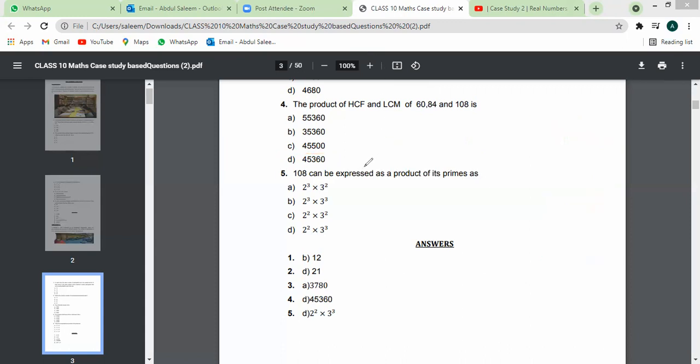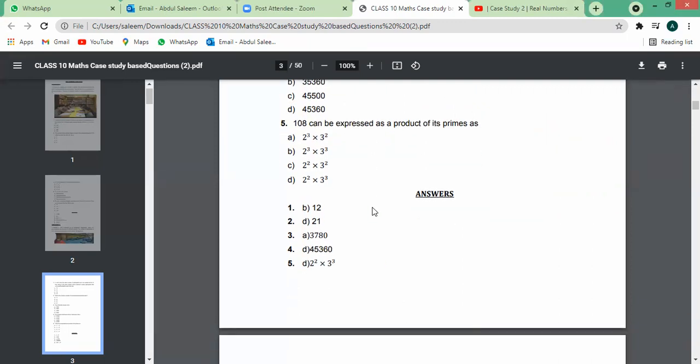And the fifth question is, 108 can be expressed as the product of its prime factors. We can divide 108 by 2 since it is an even number, giving 54.